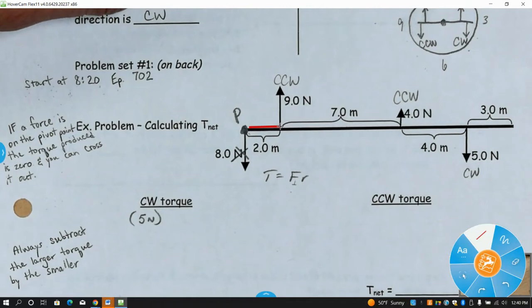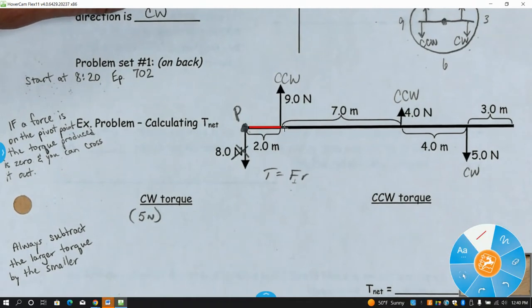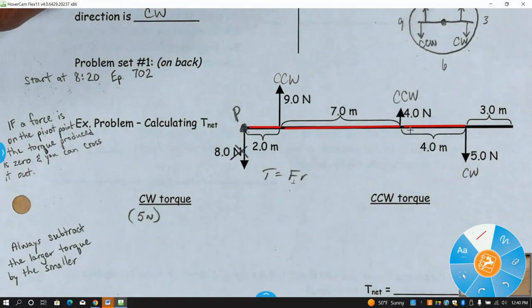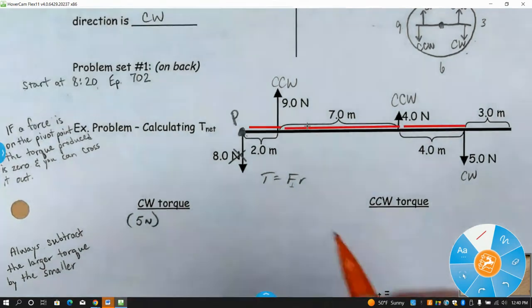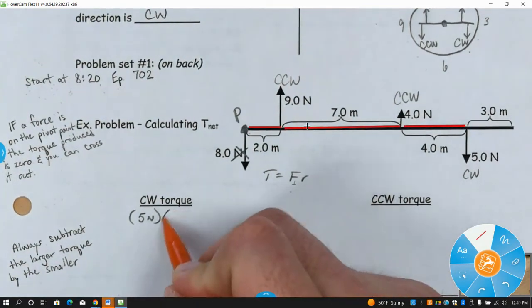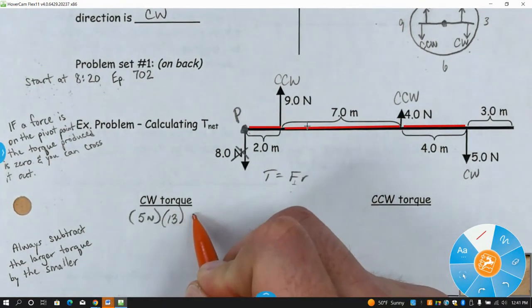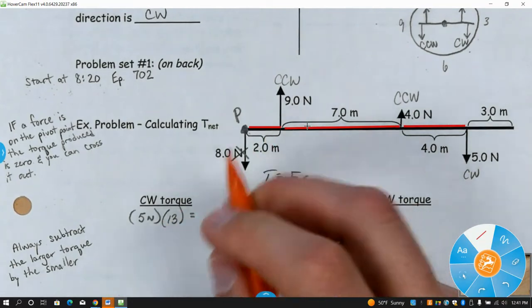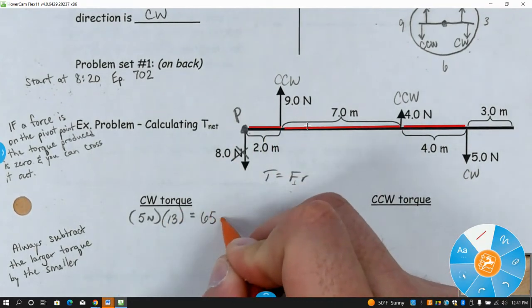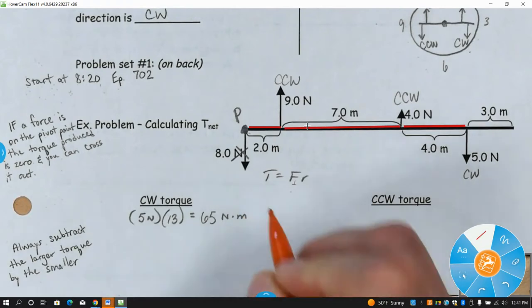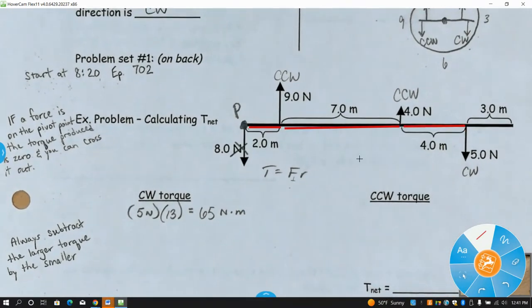Well, it's 2 meters plus 7 plus 4. So 7 plus 4 is 11. Okay, 11 plus 2 is 13. So this is 13 meters. You multiply that out, and you get 65 Newton meters, which is the unit for torque.